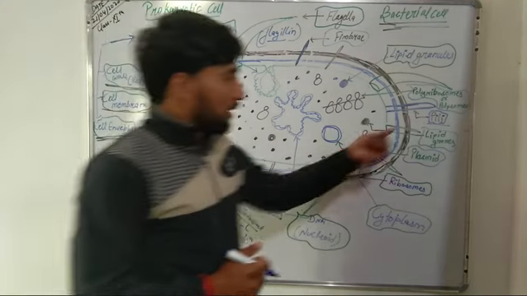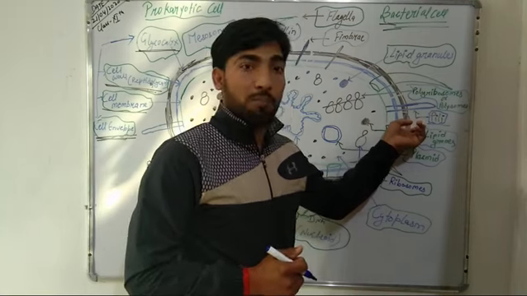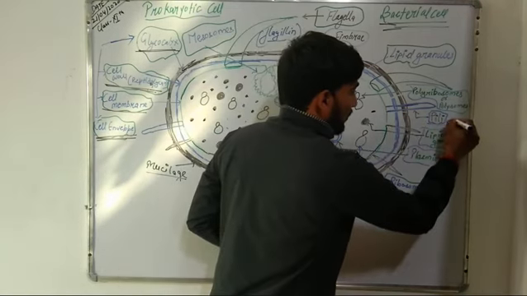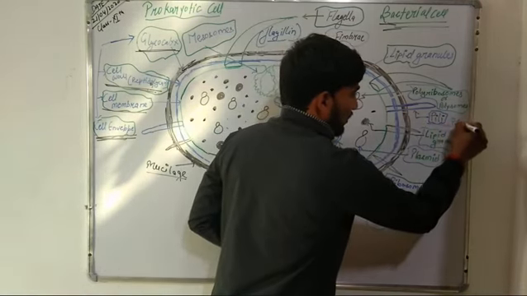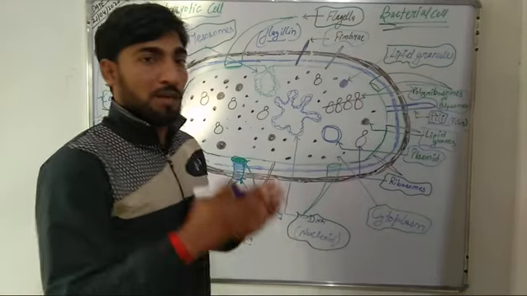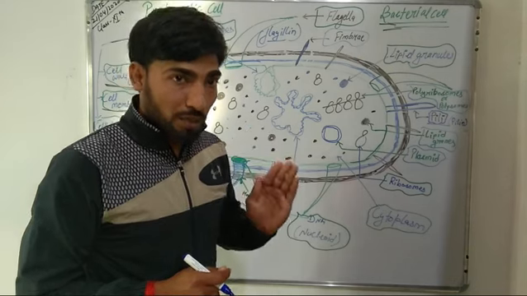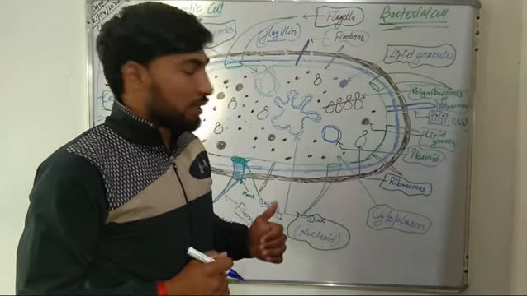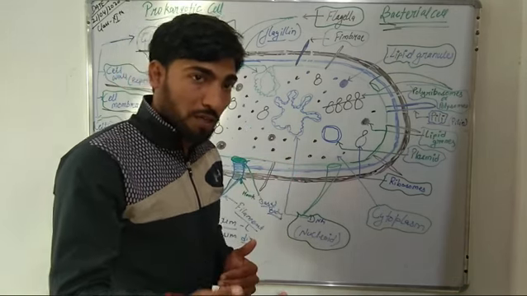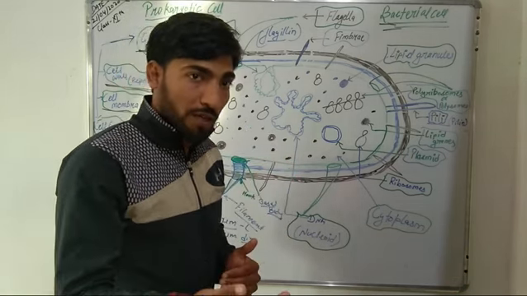And these pili are made up of pilin protein. So these pili are also tubular structures, but they do not help in locomotion or movement. They develop in response to fertility factor or F plus factor, and they are made up of pilin protein.